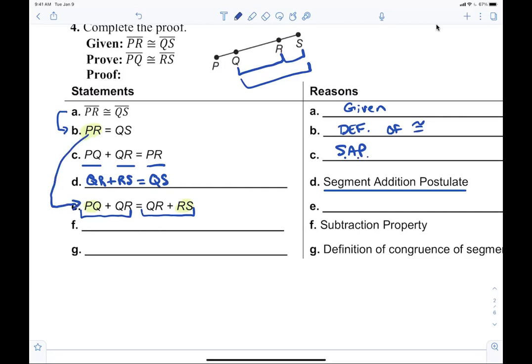PQ plus QR, right? And what does QS equal? QR plus RS. Right, that's why it's a substitution. Now, normally I say it's usually the one right before that. Does everybody agree? But does it have to be? No, it doesn't have to be. All right, so that is a good call. That's the substitution.